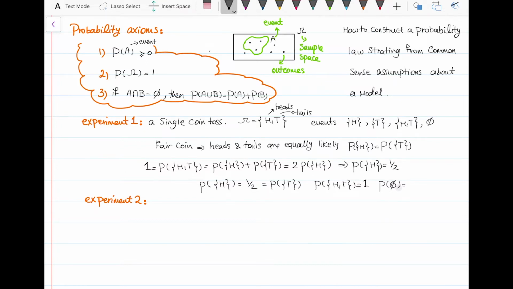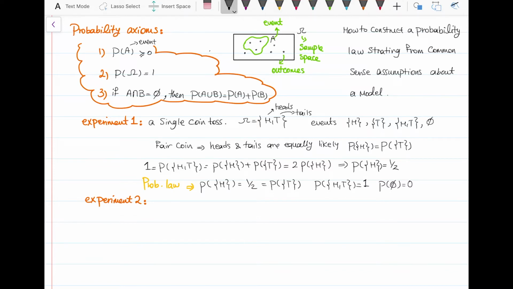Therefore, we say that the probability of the empty set is 0, because at least we get one of the outcomes. So this is a probability law that satisfies all these 3 axioms, and we just got it by common sense.